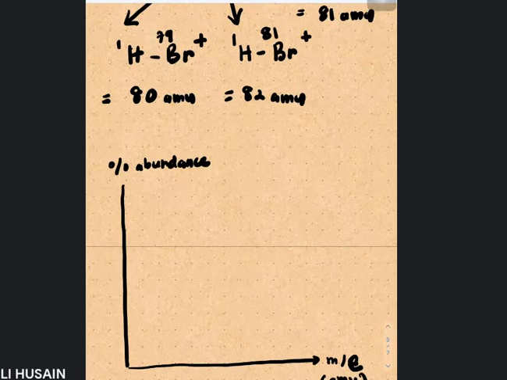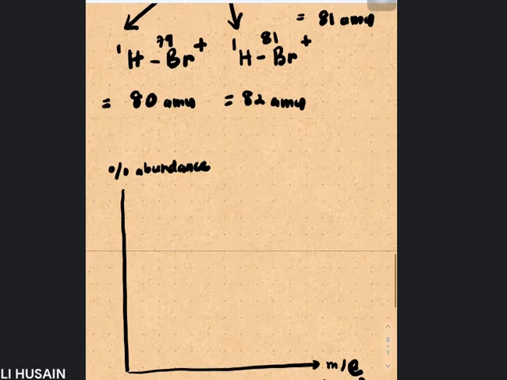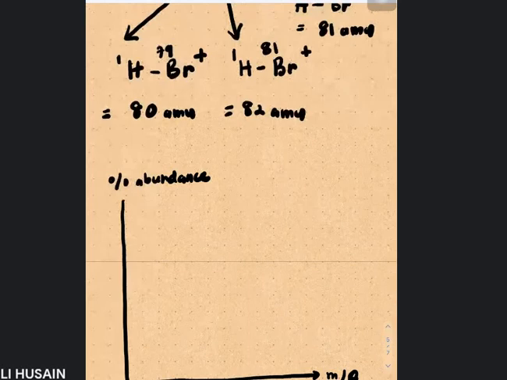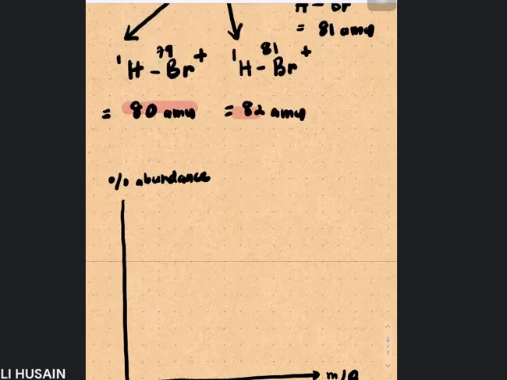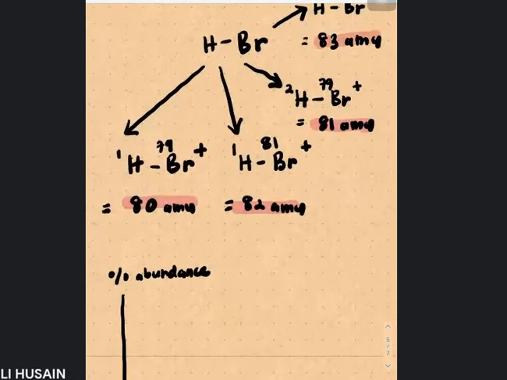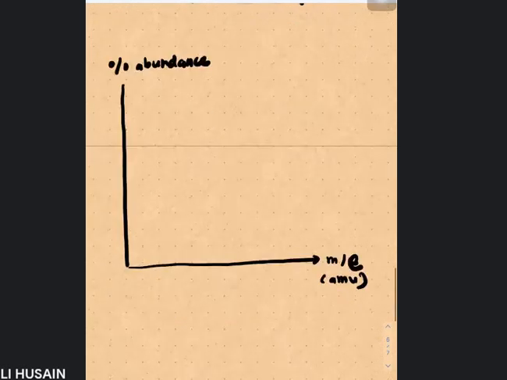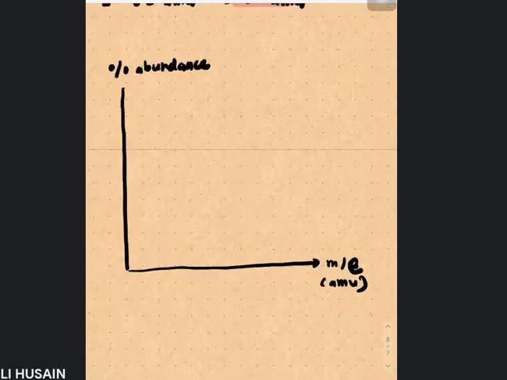Okay. So now kita nak buat scale dia. Disebabkan oleh mass yang kita jumpa tadi. Mass kita kan kita ada 80, ada 82, 81 dan juga 83. So we are going to draw the scale now. Okay, kita nak lukis scale dia. So kita kena make sure scale kita kena ikut susunan. Must be in sequence, in order.